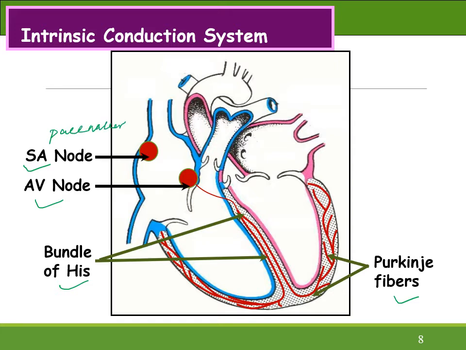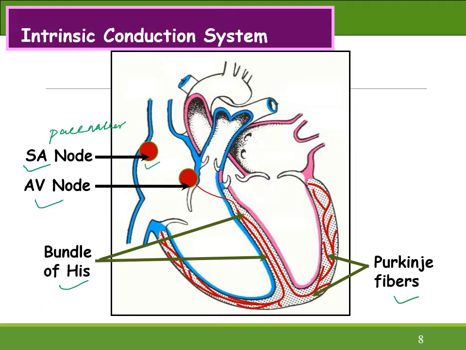The location of SA node is at upper wall of right atrium, near superior vena cava. The function for SA node is to generate impulse of the heart, set the rate and timing for cardiac muscle to contract.